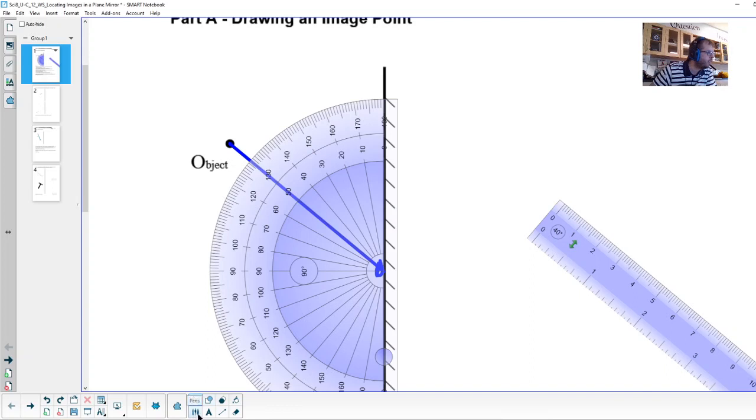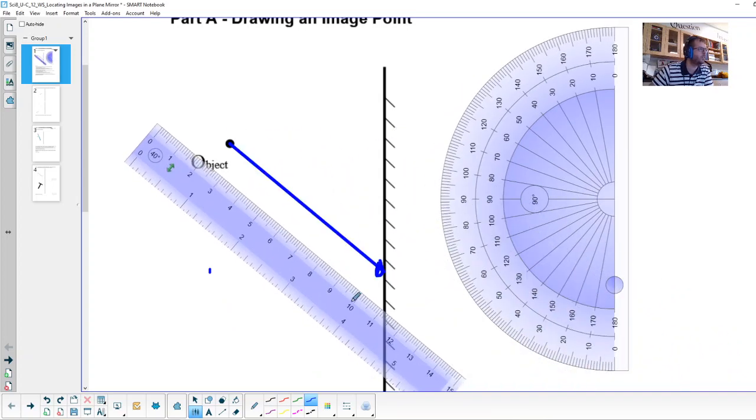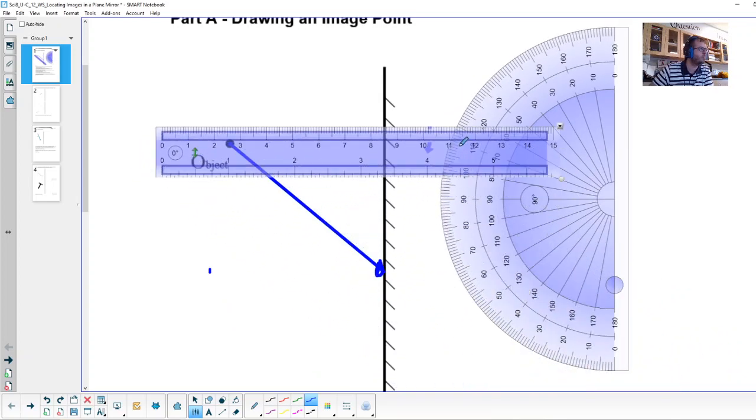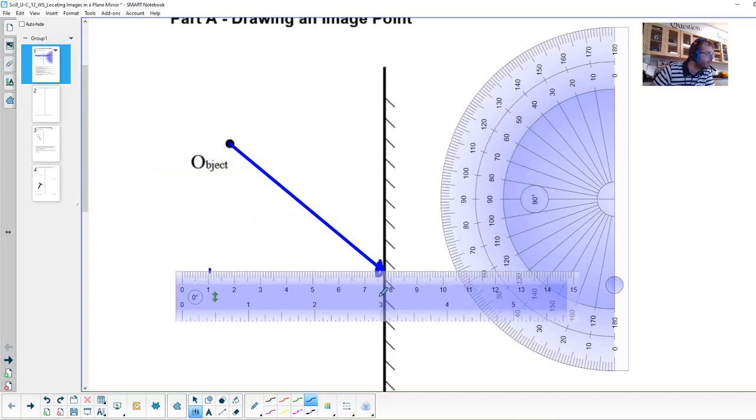I have to do something a little different than I was thinking. Here we are. I'll have to grab my own pen, and I want to put it right on the 90 degree, somewhere in the middle there. So that's my 90 degrees. I'll use my ruler and I'll make that connection to the plane mirror.